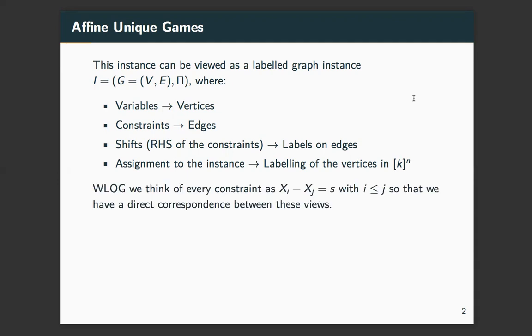Without loss of generality, we think of every constraint as xi minus xj equal to s with i less than or equal to j, so that we have a direct correspondence between the equation view and the graph view. And in this talk, we will only think about the graph view.